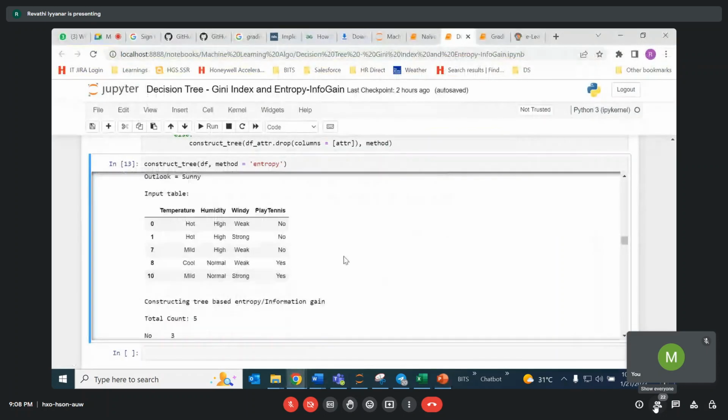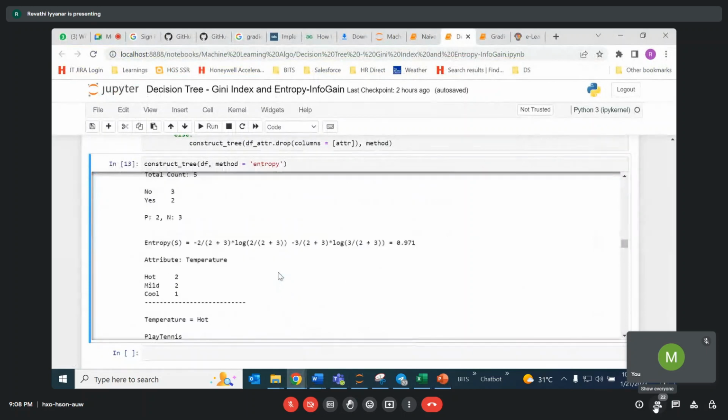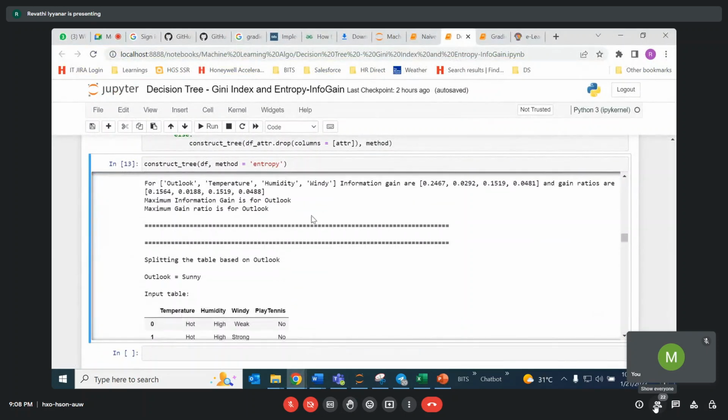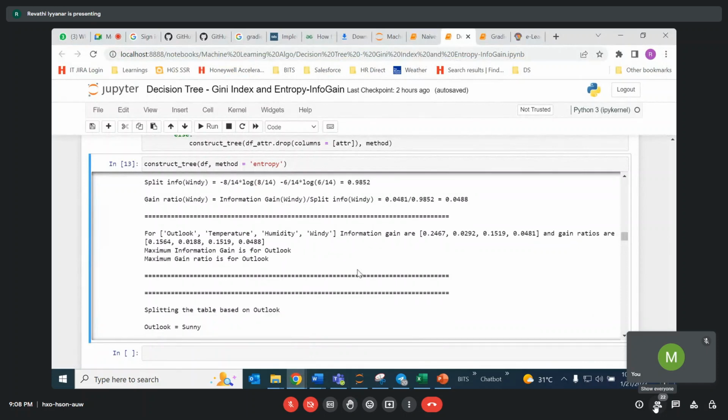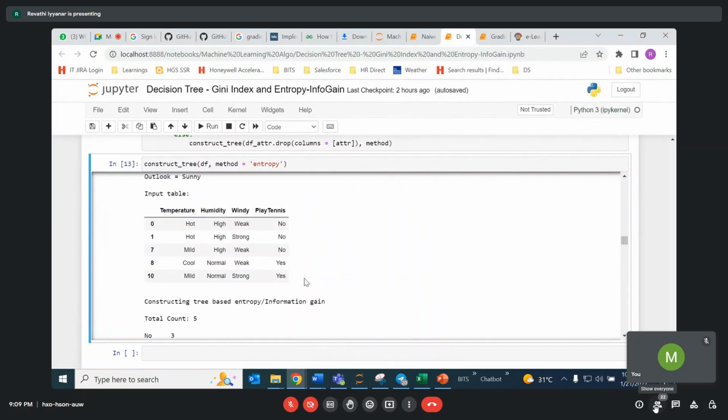So it will branch out as sunny. How many categorical values there are, that many splits will happen. In that, we found overcast already, I think 3 or 4 will be there.